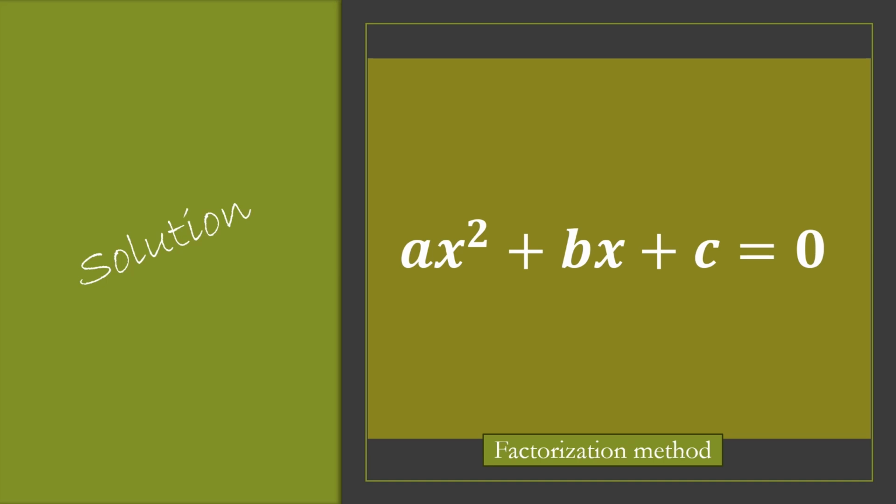The second one is the graphical method. The graphical method is also good. However, the accuracy of generating the data and plotting the graphs can have effects on the results of the quadratic equation. The third one is the completing the square method.